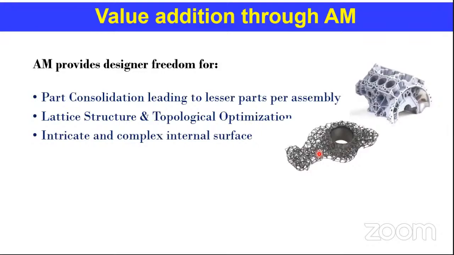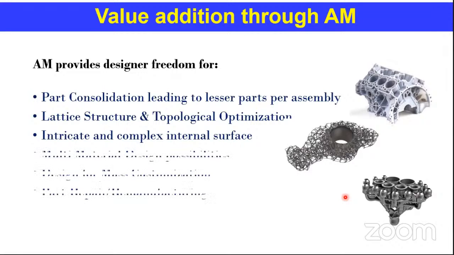And also the intricate and complex internal structures are one of the value additions, or the kind of feature one can get from this route. This is the kind of internal structures and complicated surfaces one can think of being manufactured with AM.